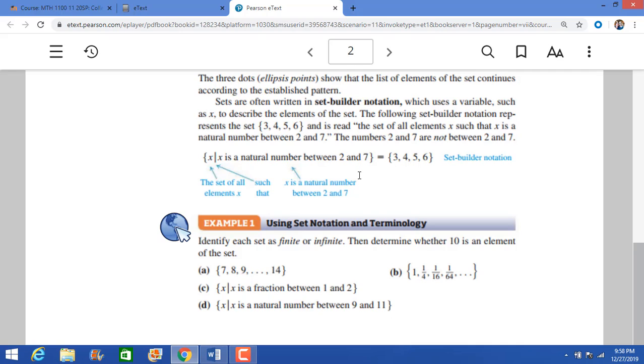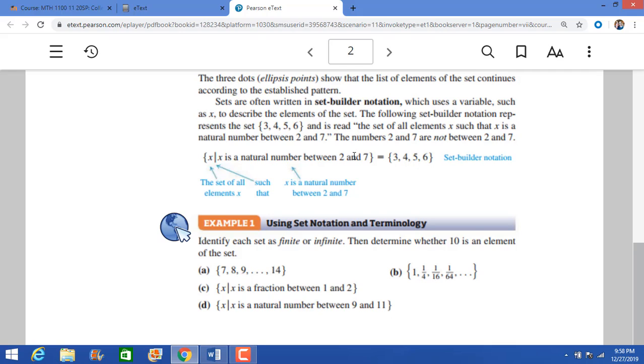Well, what are the natural numbers between 2 and 7? Those are 3, 4, 5, and 6. So we can represent this set by just listing the elements. This is called using the list method, and it's great for finite sets that are small, or we could use set builder notation and write it this way. Now, set builder notation comes in really handy when you're dealing with infinite sets.